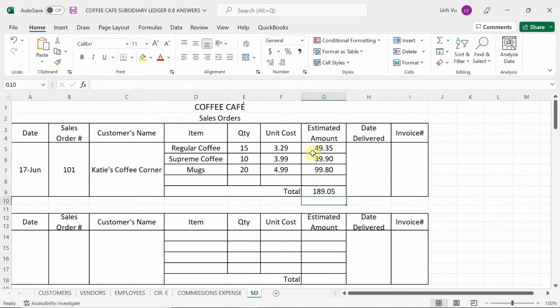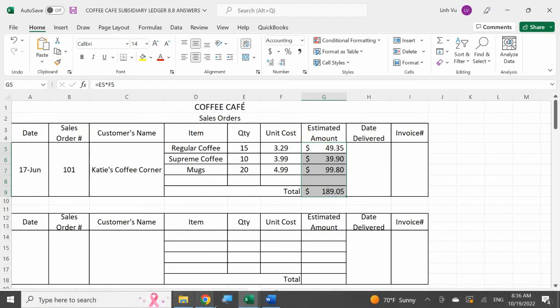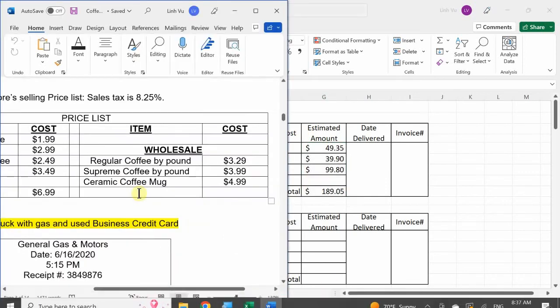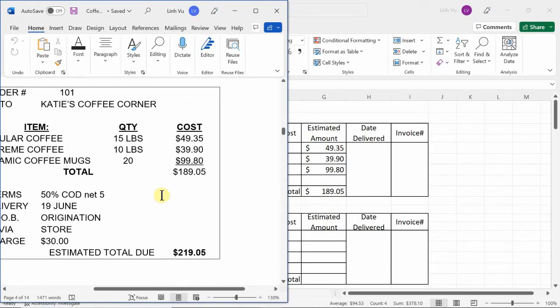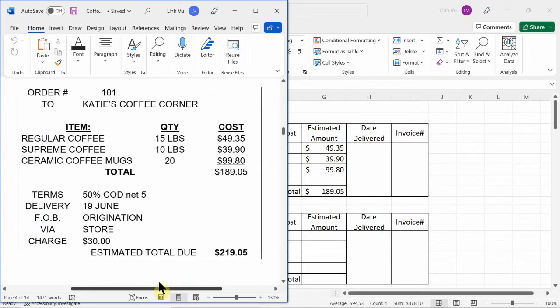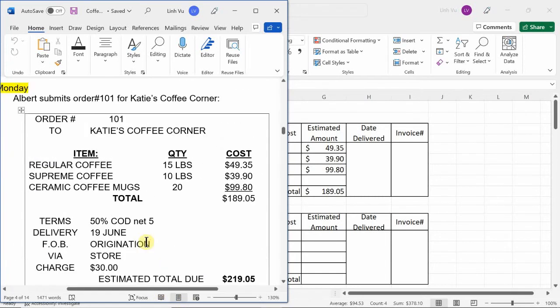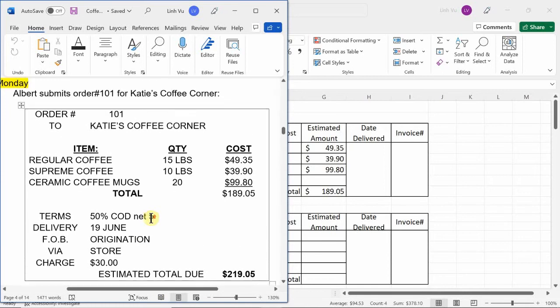So it says right here that I'm going to charge her $189.05. Is that true? Let's verify that. I'm charging her $219.05. What else am I charging her for?